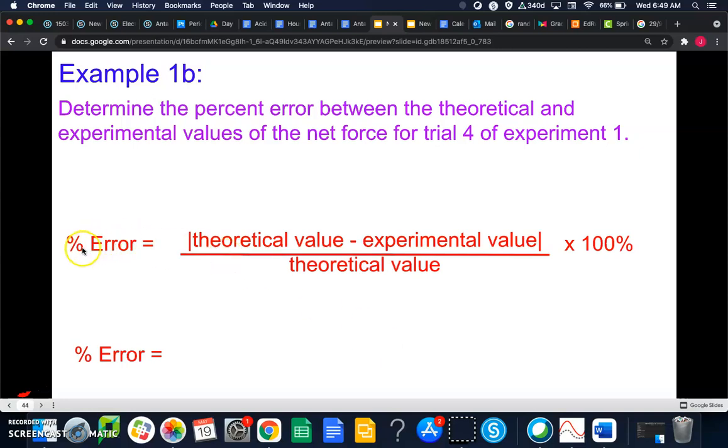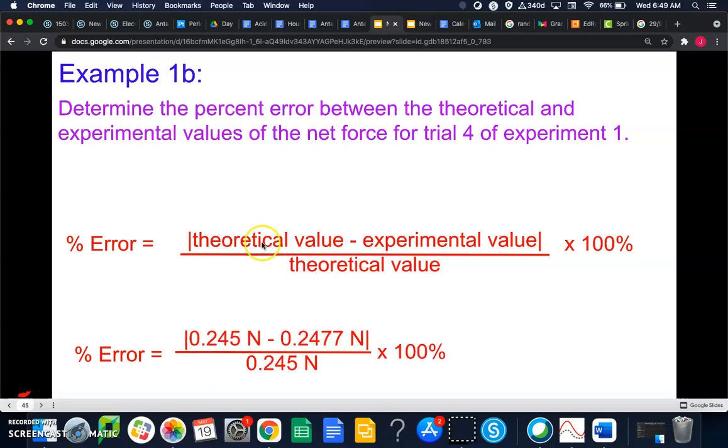Okay, so remember that your formula, percent error equals your theoretical value minus your experimental value divided by your theoretical value, and then times 100%. And so what we're going to do is take our theoretical value, which was 0.245, subtract our experimental value, which was 0.247 newtons, and then divide by 0.245 newtons.